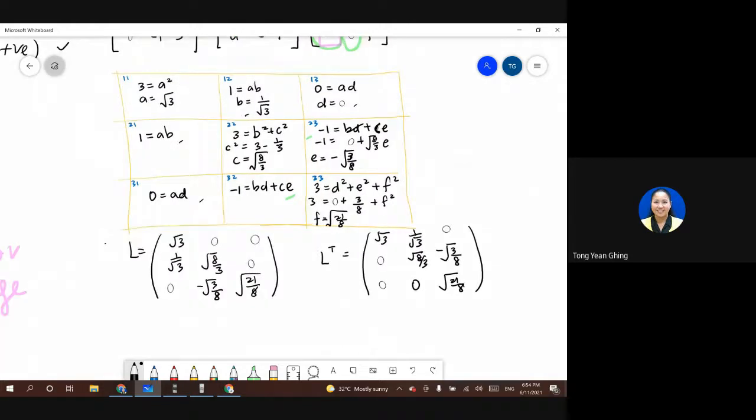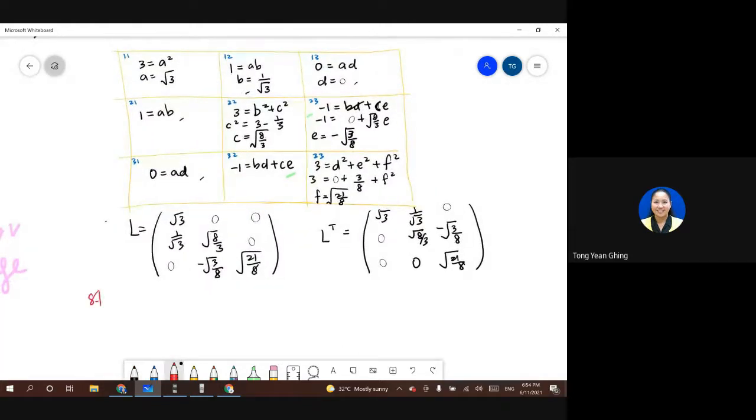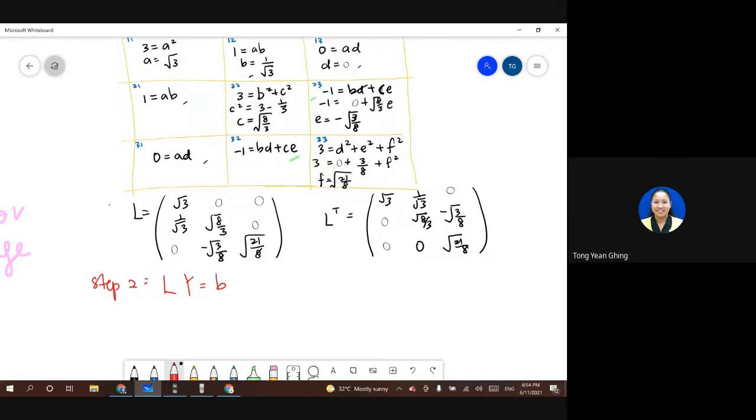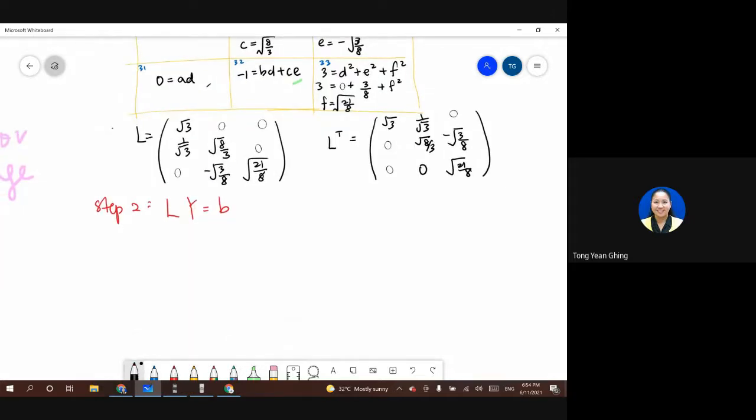Okay. So now step 2, L times y equals B. So we solve for y.